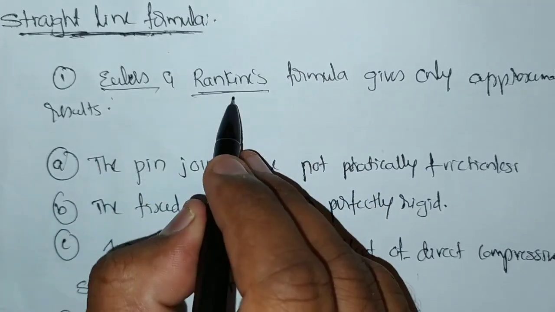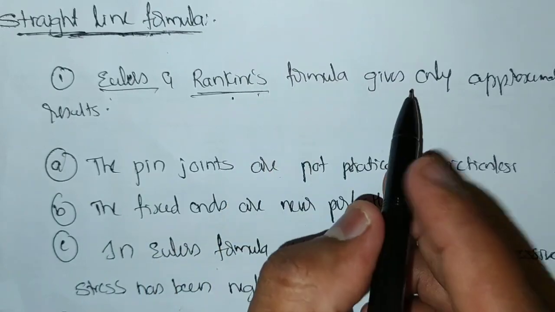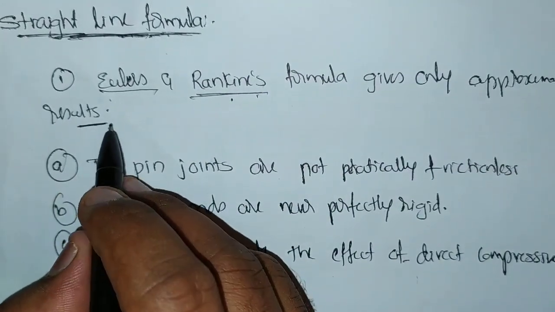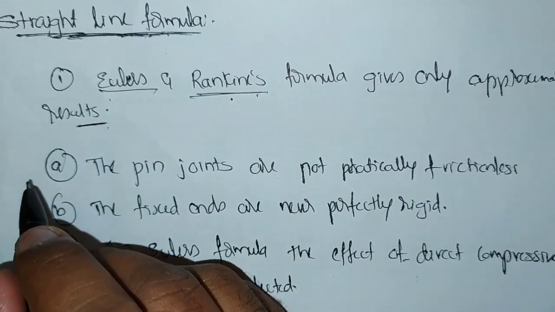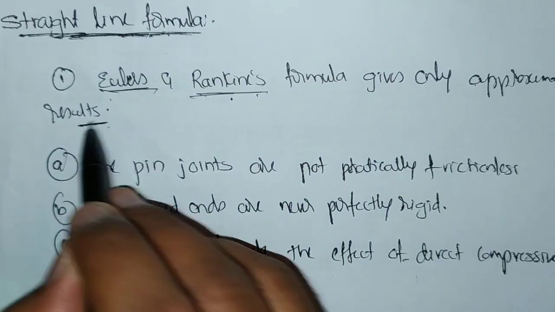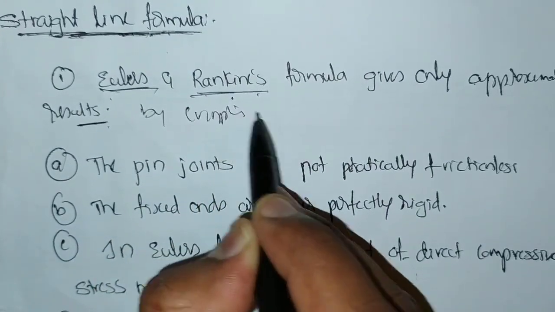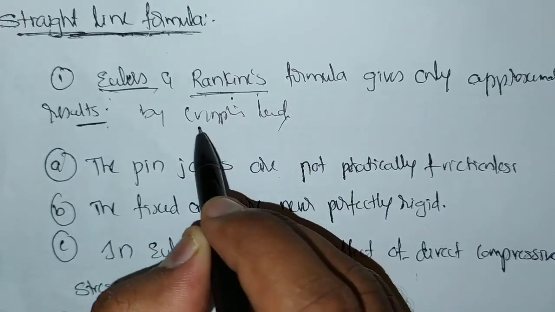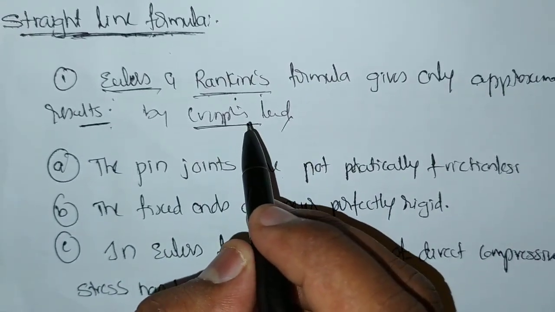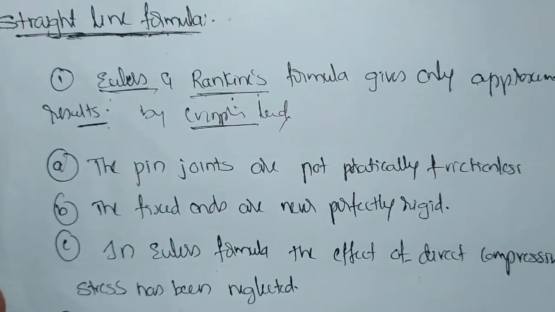By Euler's and Rankine's formulas we have seen that these two formulas give only approximate results of crippling load. With respect to this crippling load, for some reasons these two formulas give approximate results.